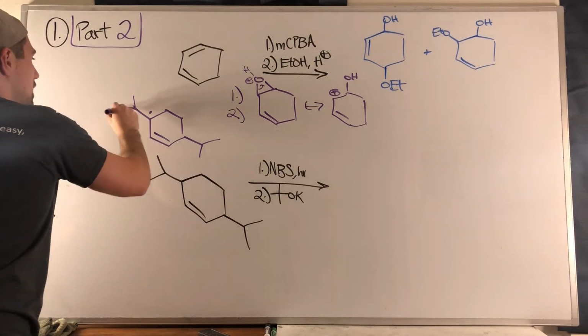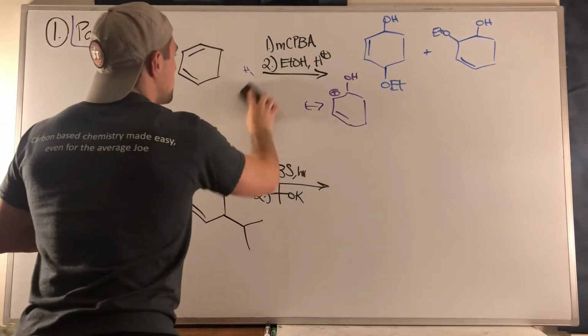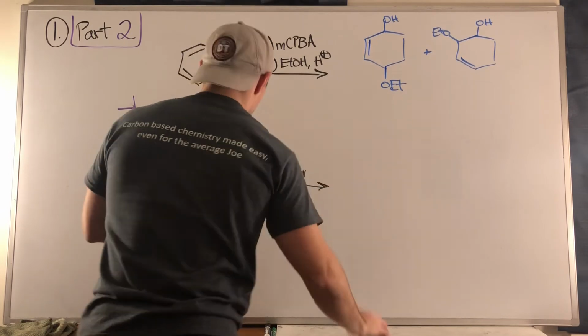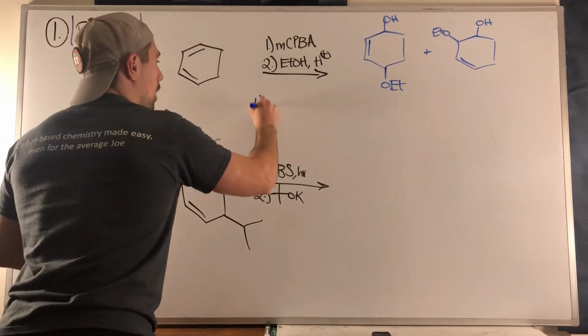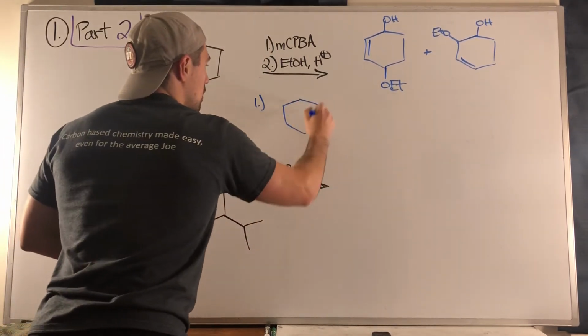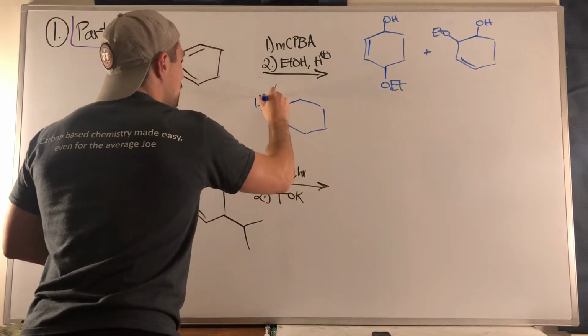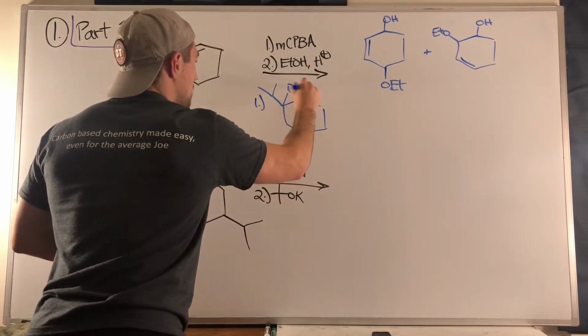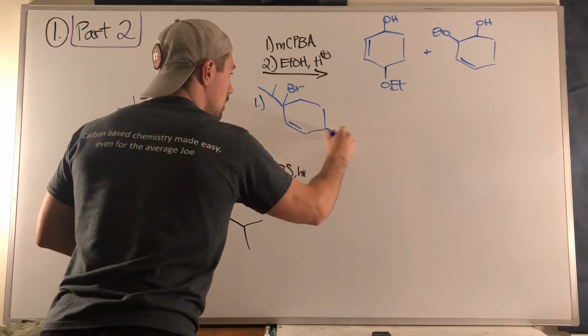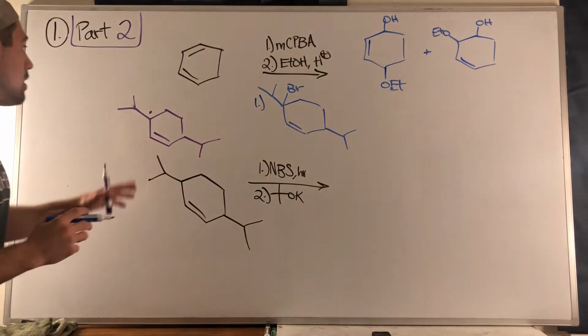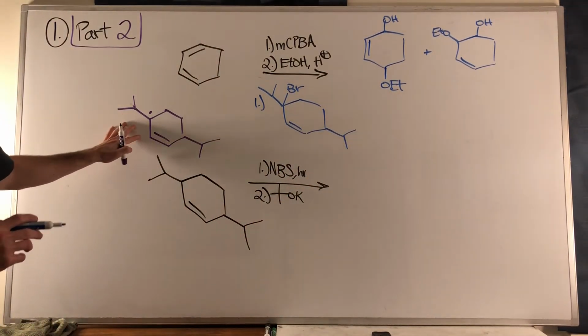So we'll have this, and I'm going to use the space up here to show that after step 1, we will certainly have this right here. But I also want to show that we have this intermediate right here.